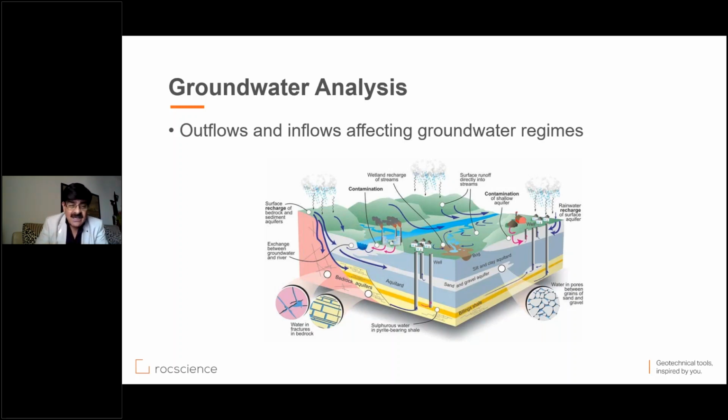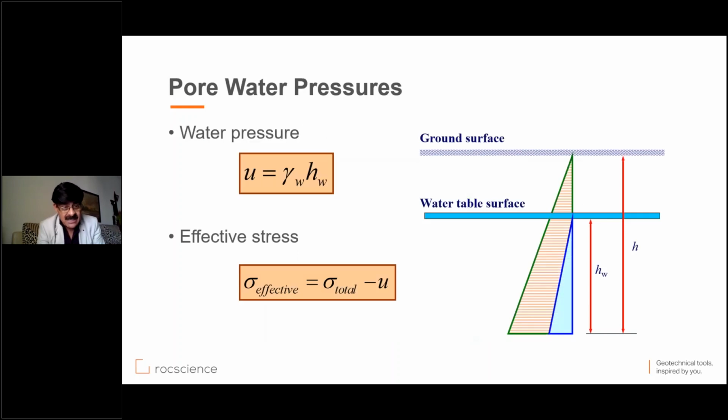Water can be present in all sorts of mechanisms, ranging from precipitation and surface runoff directly into the rivers and streams, to infiltration into the aquifers, the water present in the discontinuities in the rock mass, the water in the fractures in the bedrock, and the pore water which you find in soils, sands, etc. So all sorts of water is present, which has a very important impact on geotechnical engineering. Today we are going to see how we can incorporate the pore water pressure in Slide2 so that we can carry out the seepage and stability analysis.